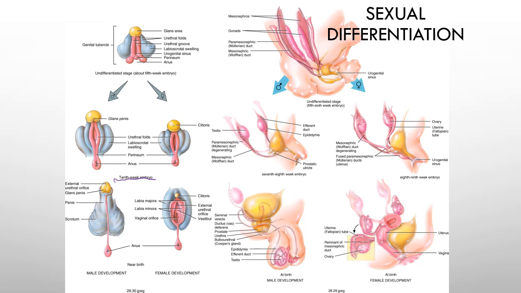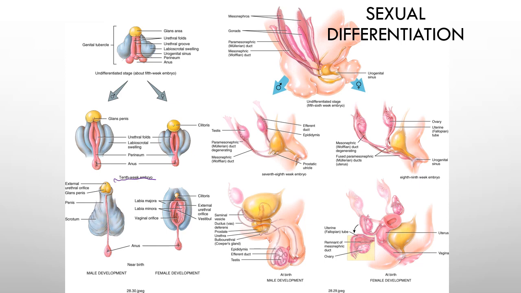The size of the external genitalia hasn't changed. You can see the folds there of what will become the labia majora or the scrotum, what will become the ventral penis or the labia minora, and so on. So all the structures are relatively the same.